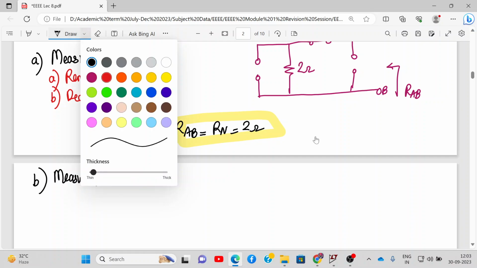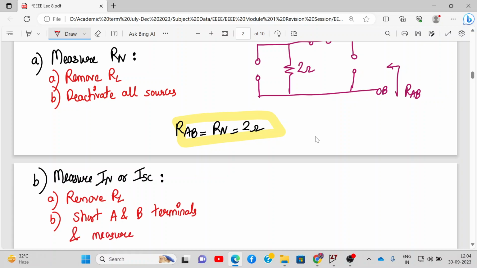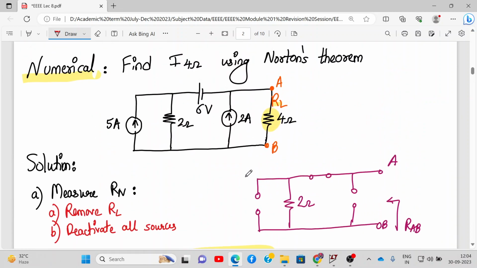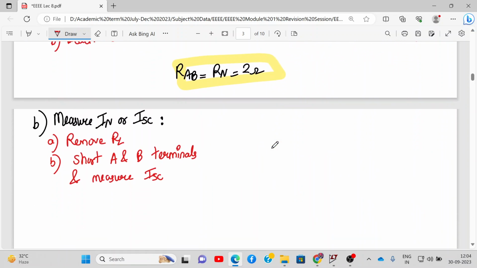Here also the procedure is to remove RL and short the A and B terminals and measure the short circuit current, which is the same as your Norton's current. So we have to keep all the sources intact, remove RL and short the terminals A and B in order to calculate the value of IN or ISC. Alright. So let's do that.